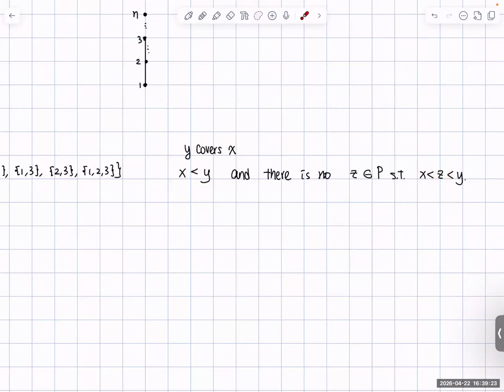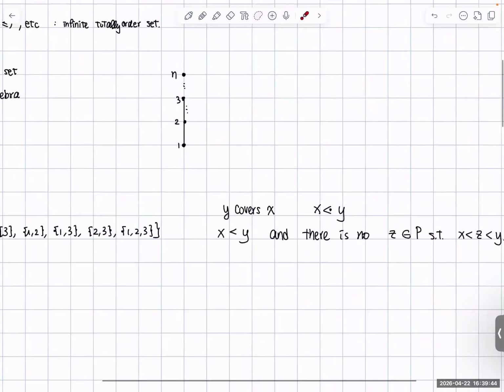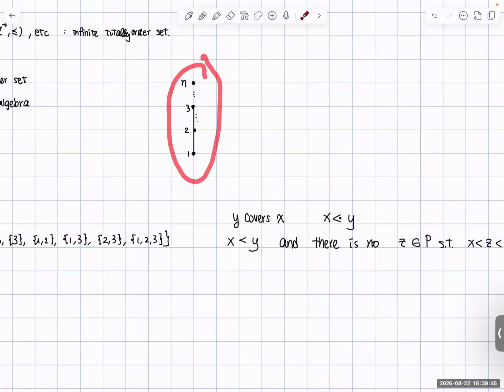So if you have something like this, then instead of just writing this, we are going to write X less than Y, but with a dot here. So you're just saying that Y directly covers X. When you draw the graph corresponding to your poset, each edge is just the covering relation. For example, in the previous case, when I draw this line here, it's basically like 2 directly covers 1, and you don't draw this line.